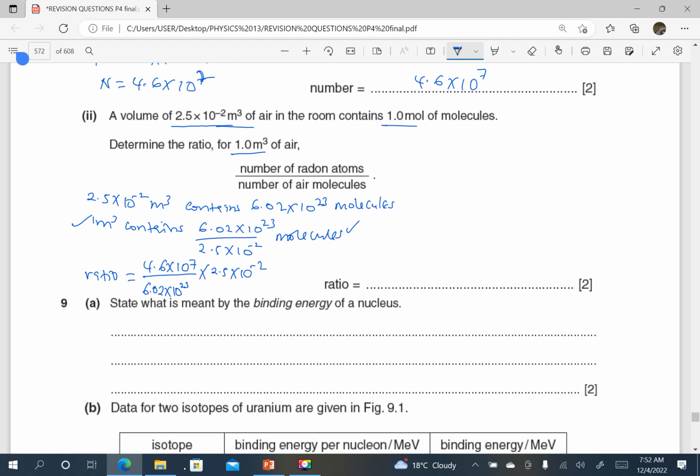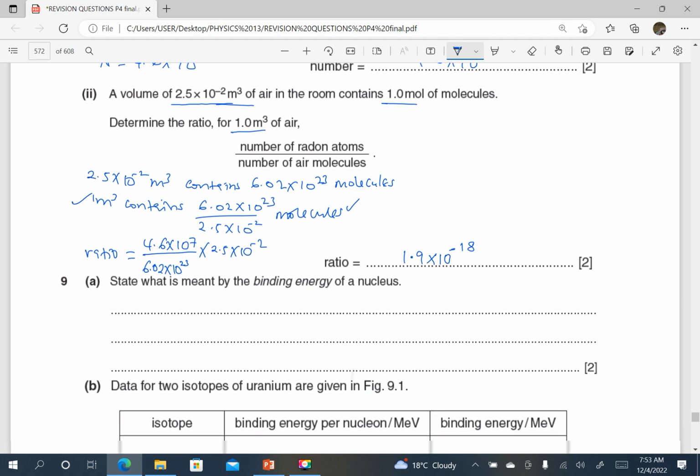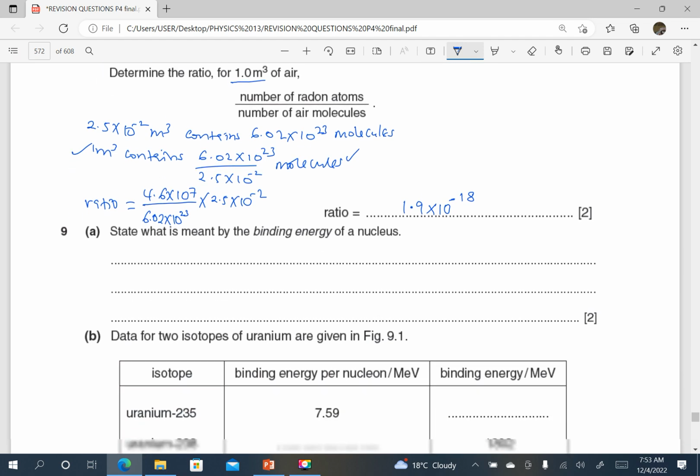So I'm pressing my calculator. So this is giving me 1.9 times 10 power negative 18. That is the ratio.